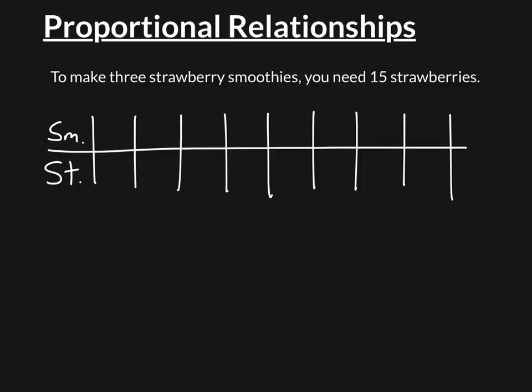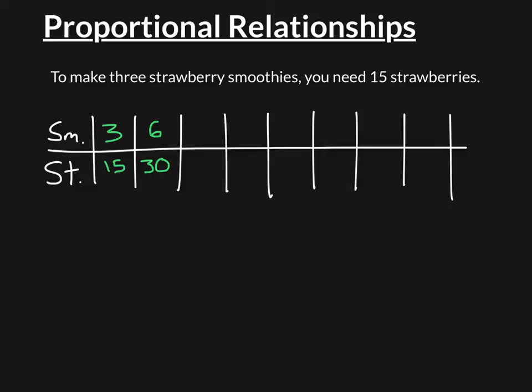I want to fill out this table here of smoothies and strawberries with different values that are true given this situation. So I know that if I make 3 smoothies, I need 15 strawberries, right? So I can guess if I double the amount of smoothies I make, I'm going to have to double the amount of strawberries, right? We're going to need 30.